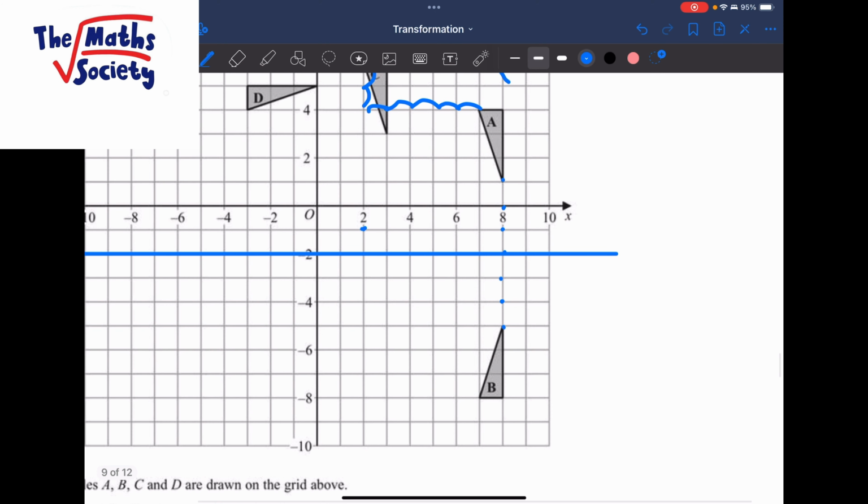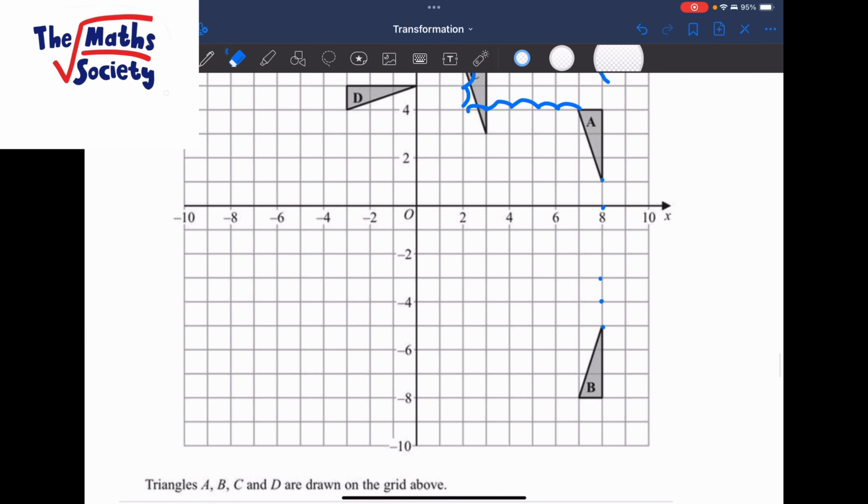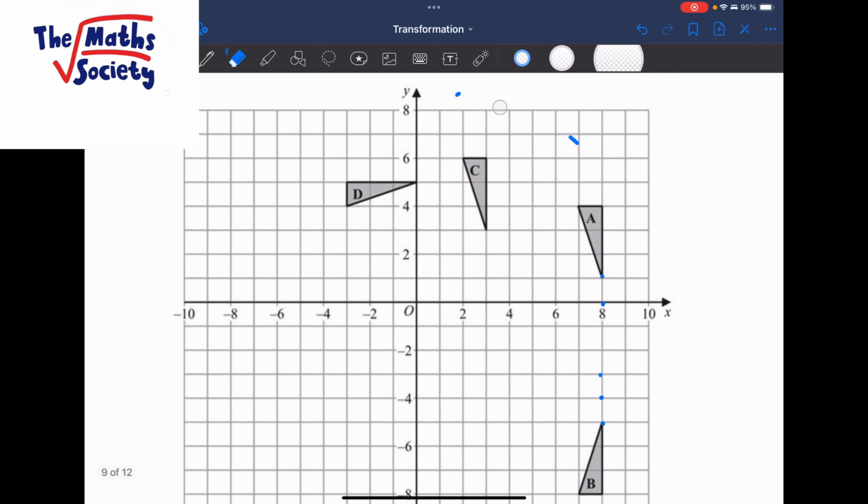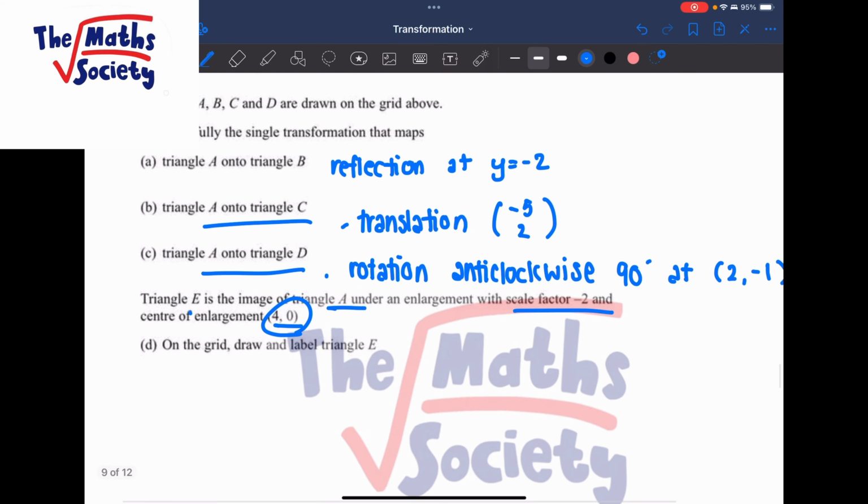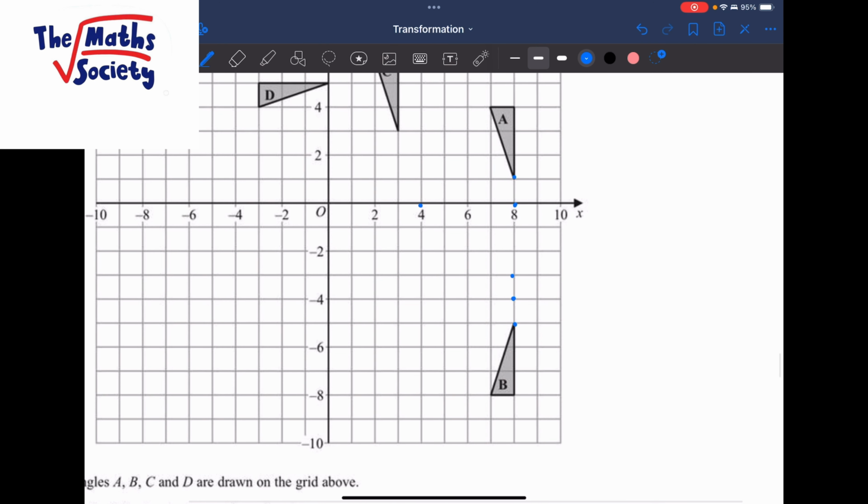So what we're going to do is that I'm actually just going to erase this for a while. It says 4, 2. Wait, or is it 4, 0? Sorry, it's at 4, 0 enlargement. So it's going to cross here. So what we're going to do is that it's here at this point, right?